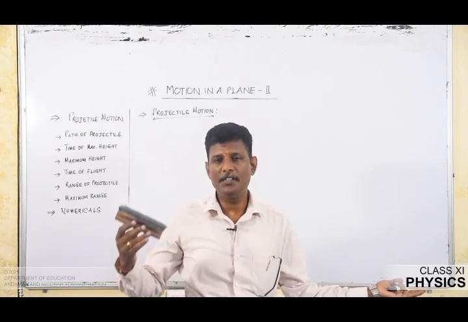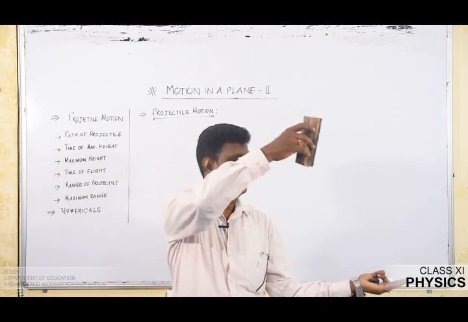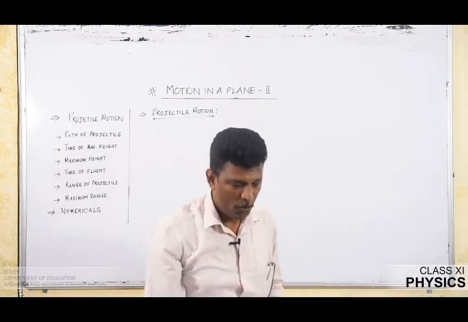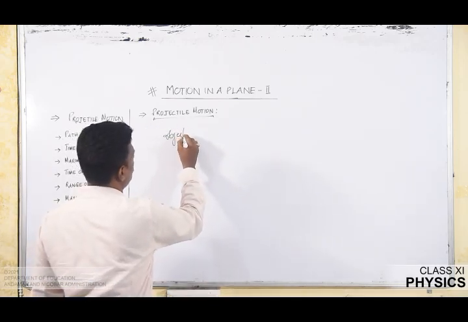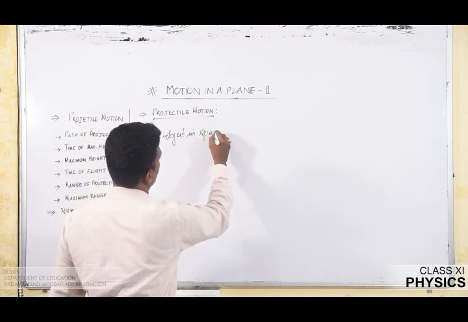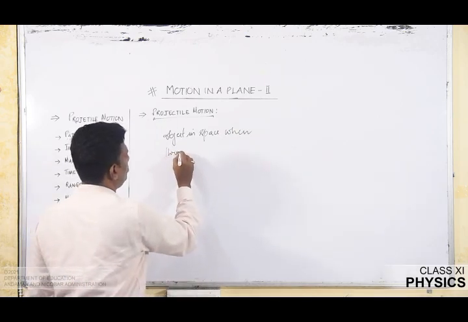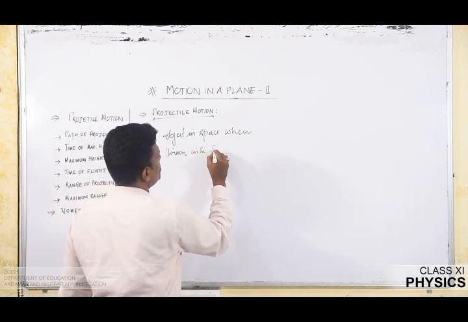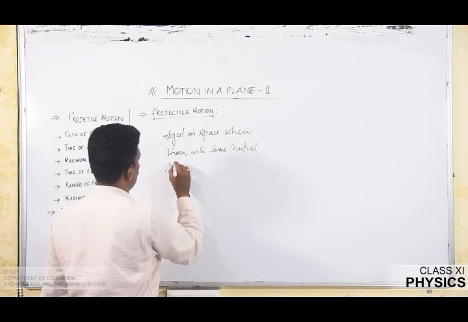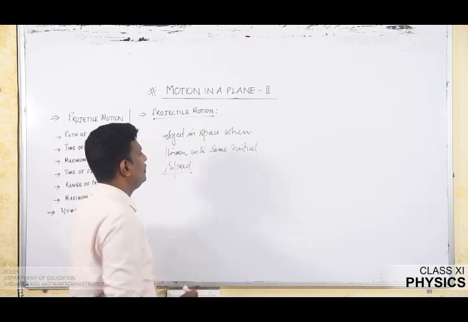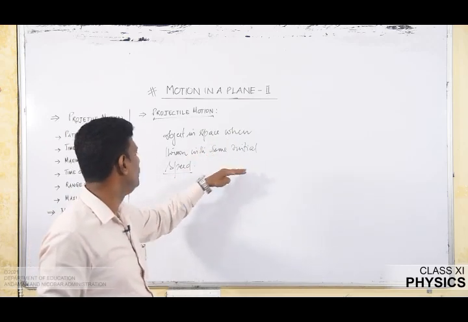The object is coming to the highest point, and getting down after that. So, projectile motion can be written as an object in space when thrown with some initial speed.